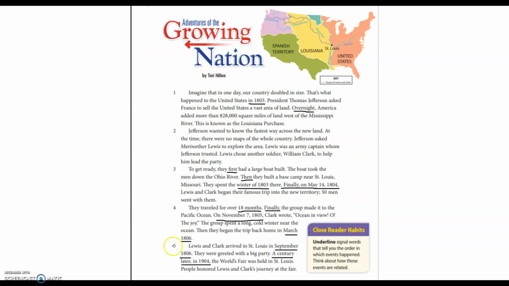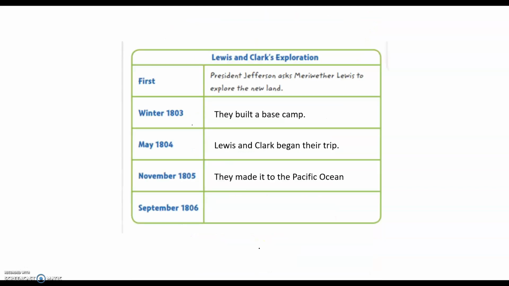The last paragraph says that Lewis and Clark arrived in St. Louis in September 1806. You're going to be answering a discussion post today talking about how some of these paragraphs are connected. Make sure you're thinking about sequence as you're answering the question.